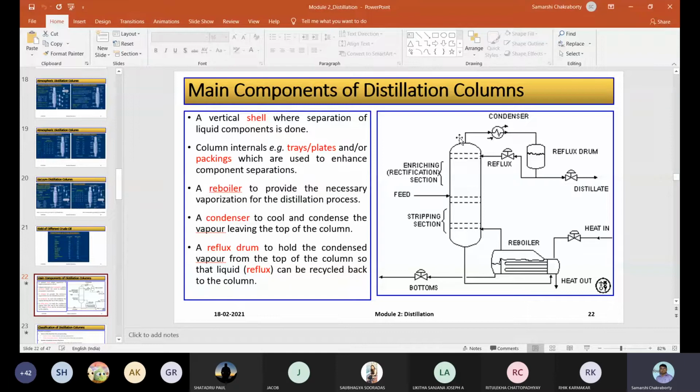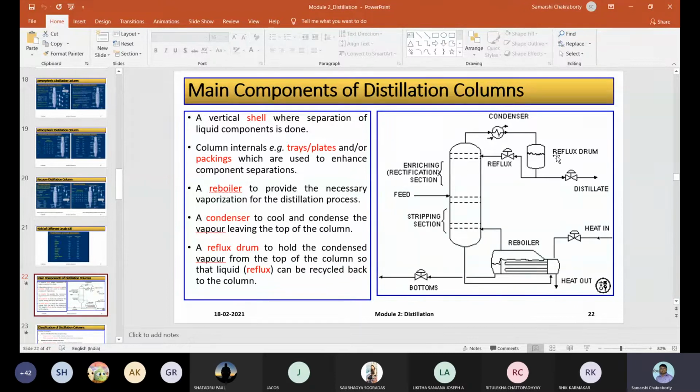At the top of the column we have a condenser section, where the lighter gas products come out and have to be properly condensed. Some of the amount is stored in the reflux drum, and then a part of it can be sent back into the distillation column for better vapor liquid interaction, because the more vapor liquid contact you have, the better the separation it can produce.